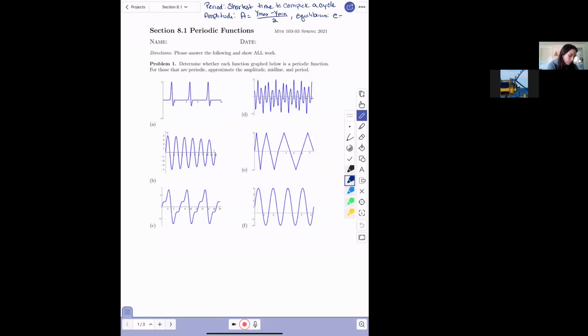And we find that by taking y max plus y min, divide that by 2. And then we have the midline. And it's important to notice that it's a line, so we have to have y equals, and it's going to be y max plus y min over 2, or y equals the equilibrium.